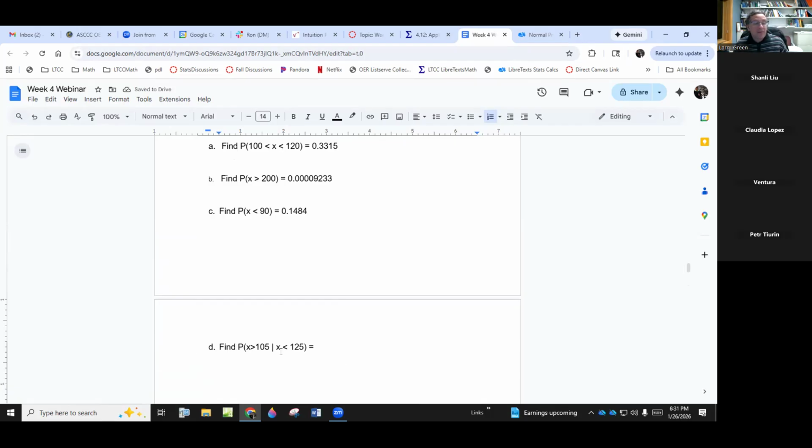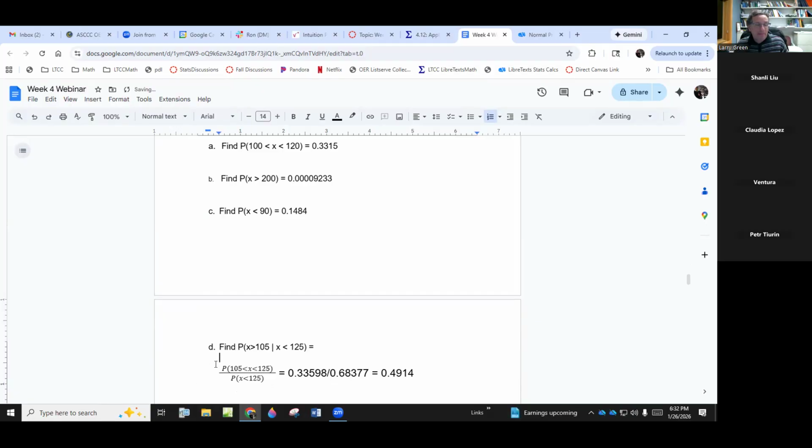Okay, so let's find the probability that x is greater than 105 given x is less than 125. So now you have to go back to chapter 3. Because when you have a given, we had a little formula. And that was the probability of A given B was the probability of A and B divided by the probability of B. So I'm going to use that formula.